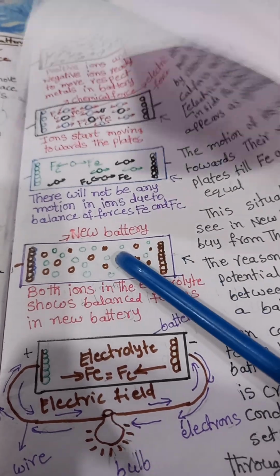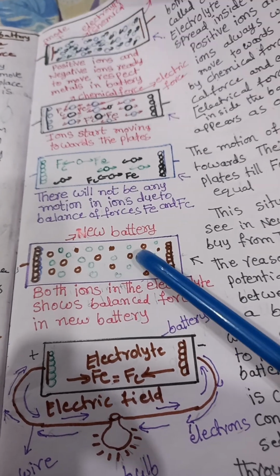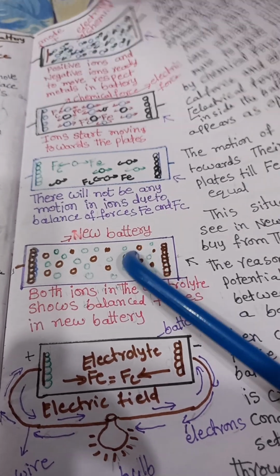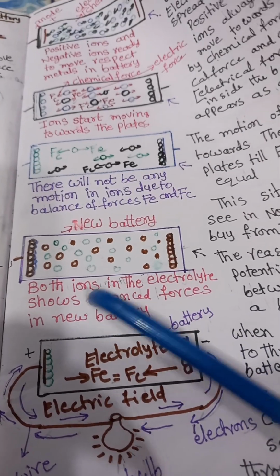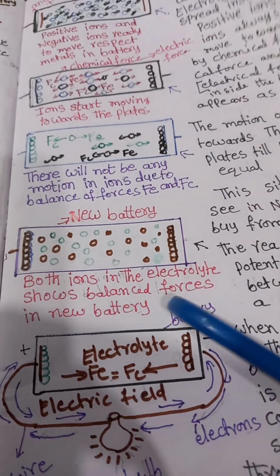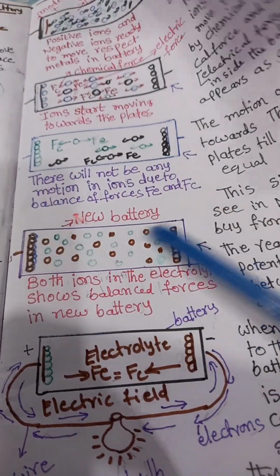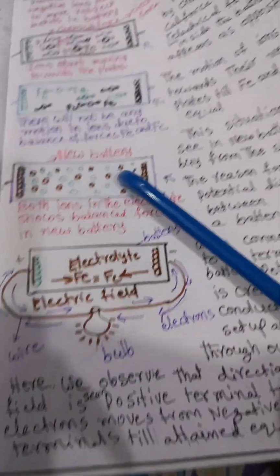There is no motion in the ions because of the balance of the chemical force and the electric force. Both ions in the electrolyte show balanced forces in a new battery, so no motion of the ions can be seen.